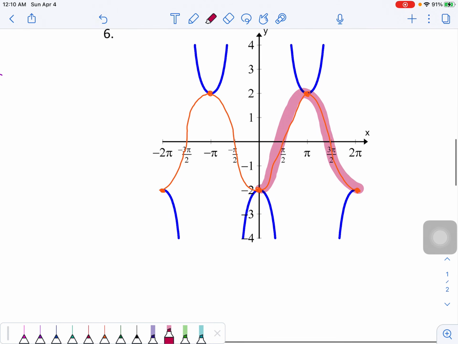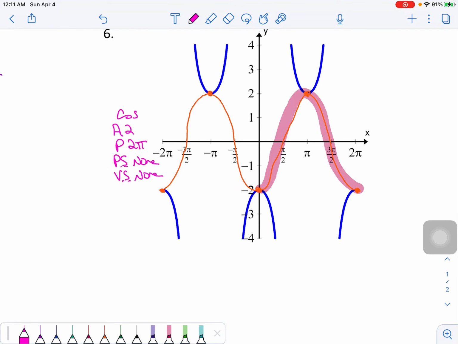So things I need to pay attention to. This cosine, if you want to make a little note to yourself, has an amplitude of 2. It has a period of 2 pi, phase shift none, and vertical shift none.